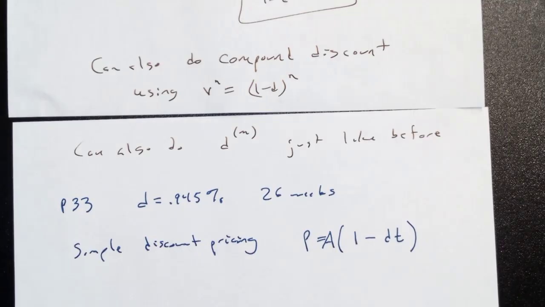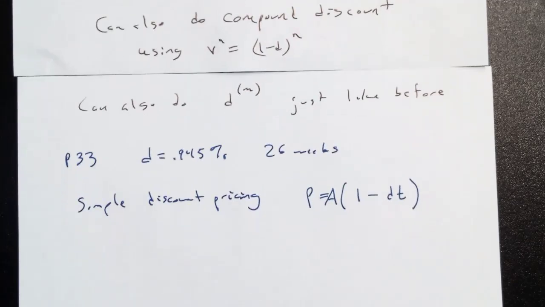So, according to the book, if I am doing this 26-week idea, let's call it a $100 bond. How much do I pay for this $100 bond today?